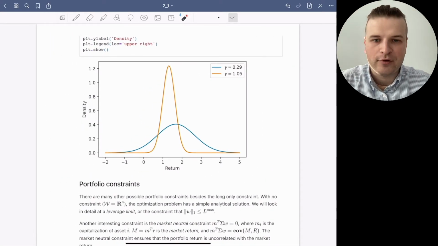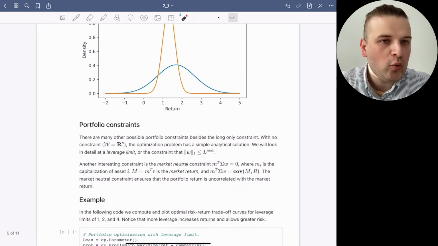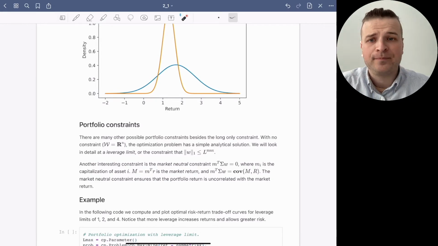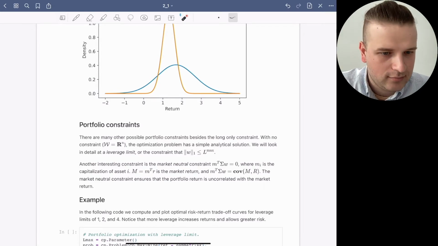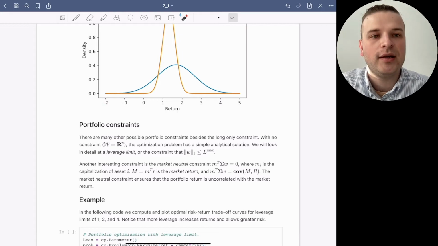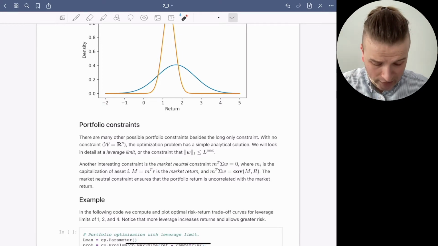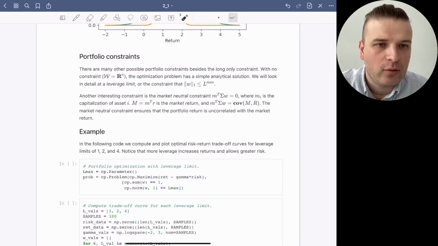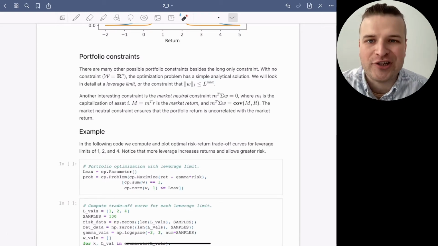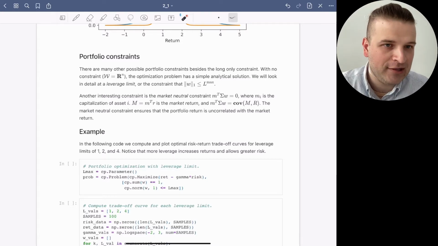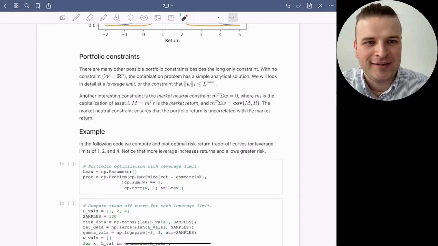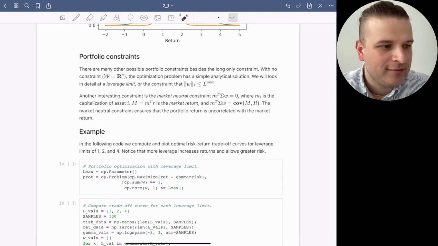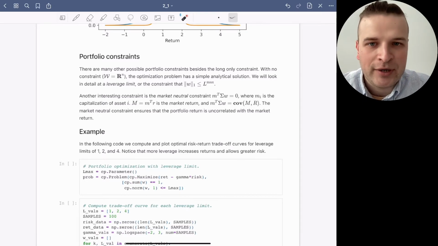That's pretty reasonable. Suppose we now allow our portfolio to contain not only long positions, but short positions as well, and we'll make some assumptions on leverage, such as a leverage limit, for example. Typically, you cannot borrow a lot from your broker, and these limits are set up by your broker.